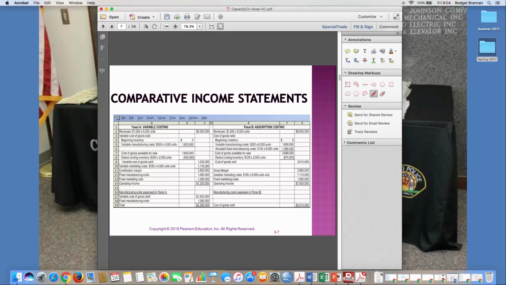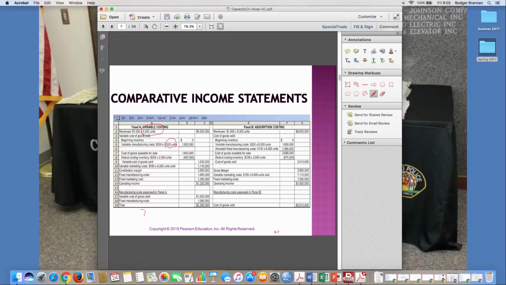So now, let's take a look at the application of variable costing versus absorption costing in one particular year. Now, let's emphasize a couple of things. One is that they are manufacturing 8,000 units, but they are selling 6,000.